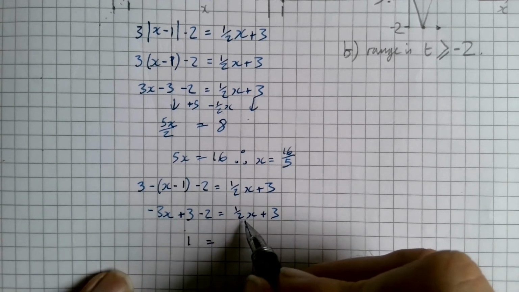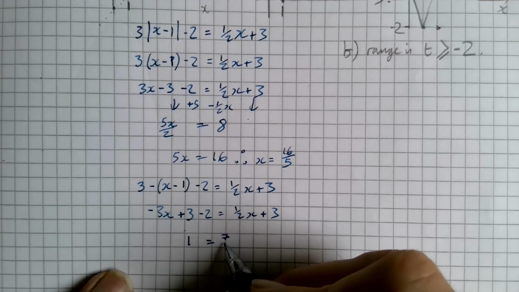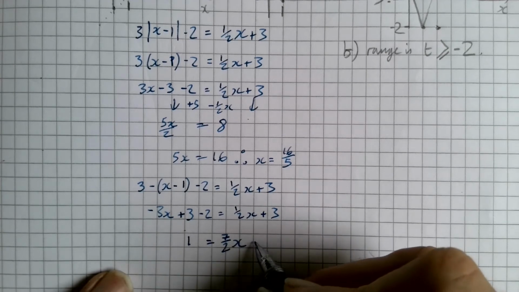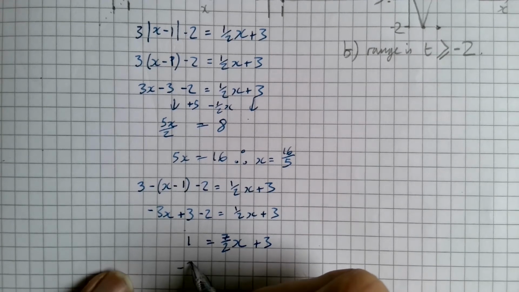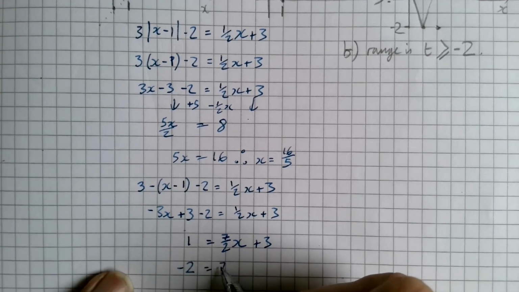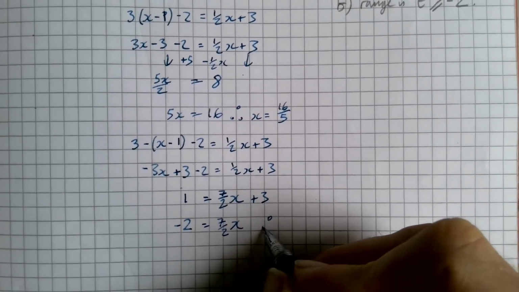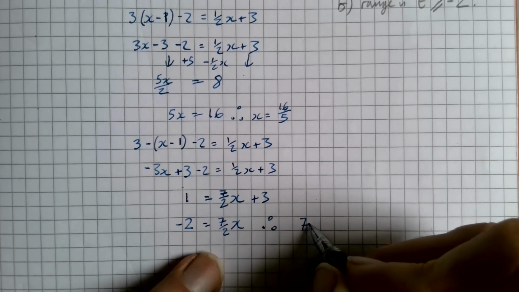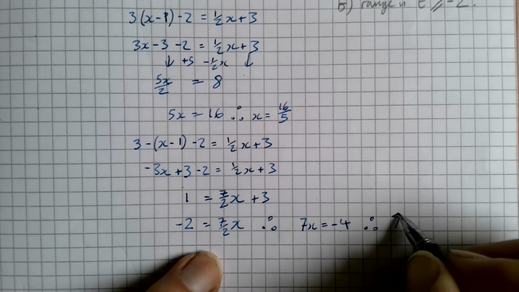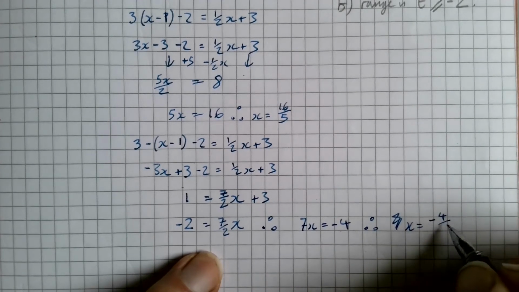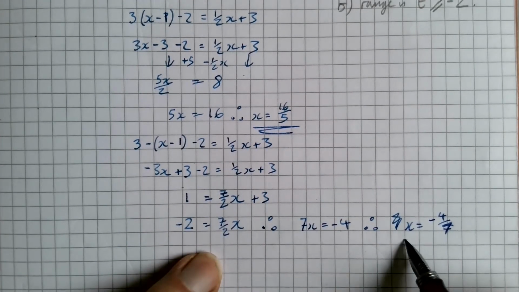I'm going to add my 3x over here, which means I'm going to get 3.5x, or 7 over 2x plus 3. Take the 3 across, and I'm going to get -2 is equal to 7 over 2x, so times it all by 2, and we get 7x is going to be equal to minus 4, divided by 7, and x will be negative 4/7. So we've got our two solutions being there and there.